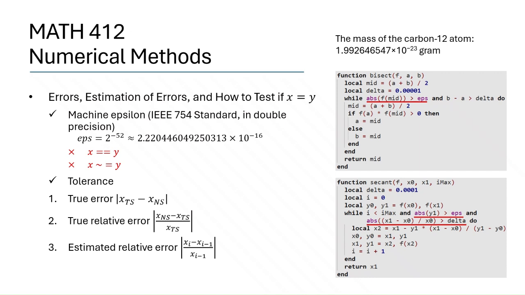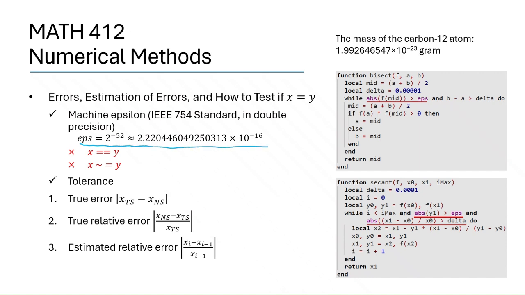Machine epsilon. If we follow the IEEE 754 standard and we express a number in double precision, if two floating point numbers are of the same order, the smallest difference between any two such numbers is given by this.